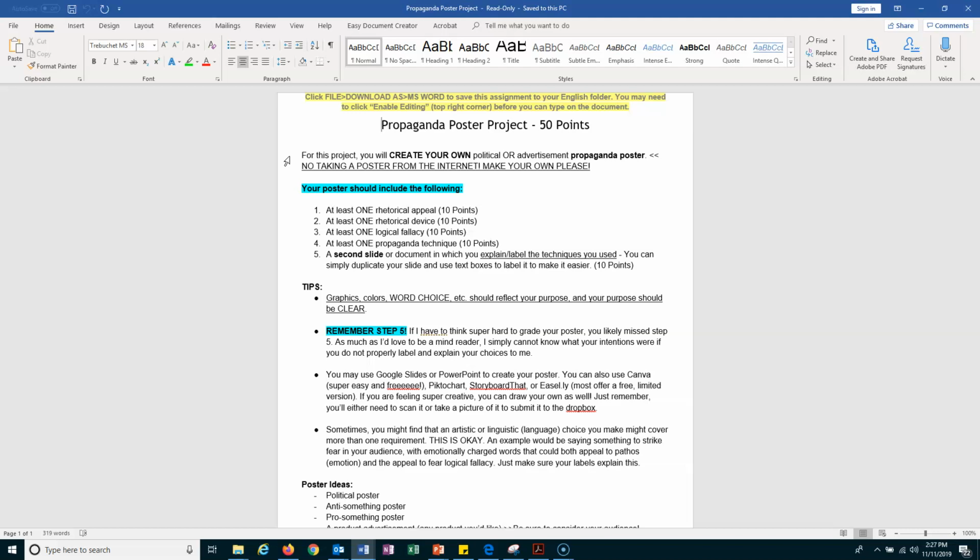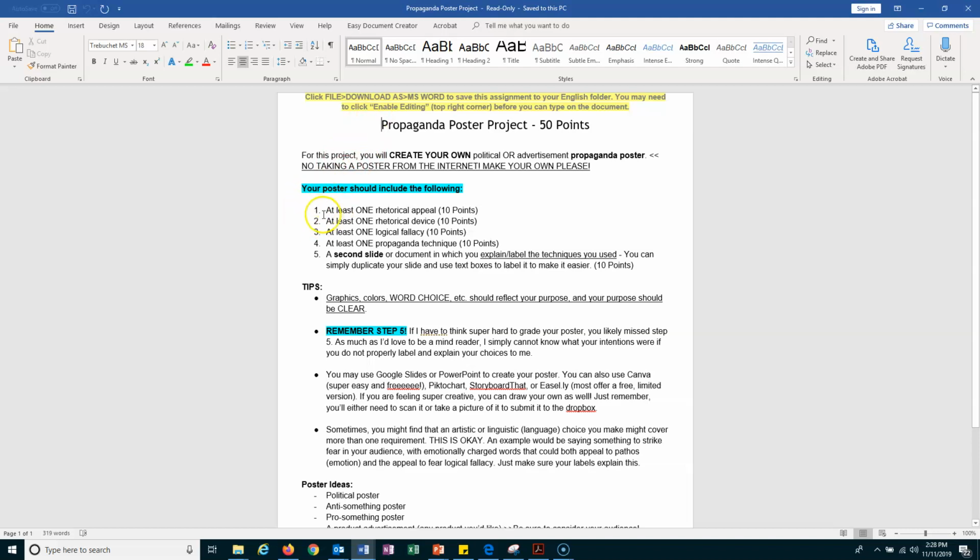So does that mean you're not allowed to take a picture from the internet or a quote from the internet? Yes, you absolutely can do that. But all of the information combined, because you're being required to have 4 different things within this poster, has to be your own work.